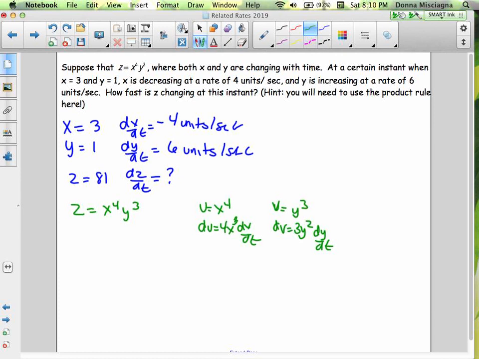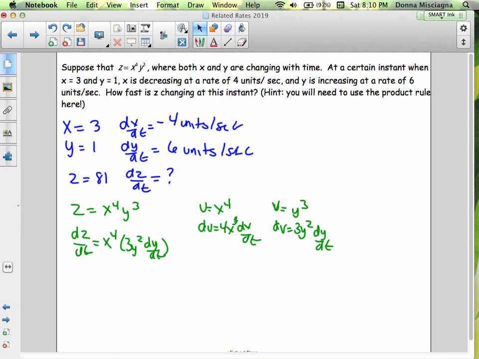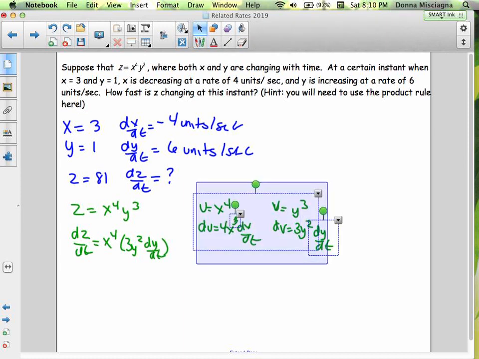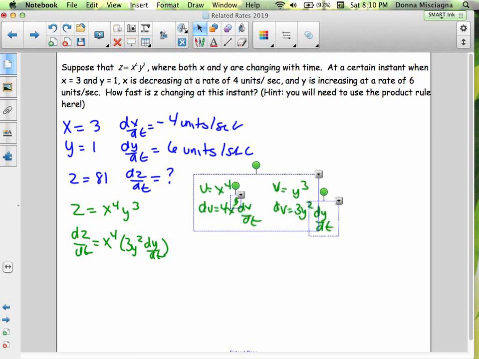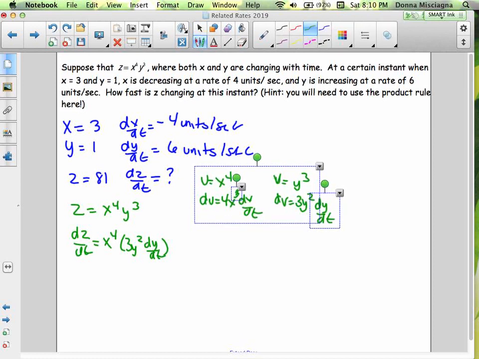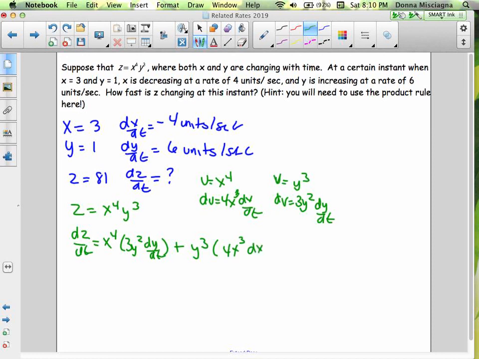All right, so now we can take the derivative. dz dt equals the first, x to the fourth, times the derivative of the second, which is 3y squared dy dt, plus the second, which is y cubed, times the derivative of the first, which is 4x cubed dx dt.